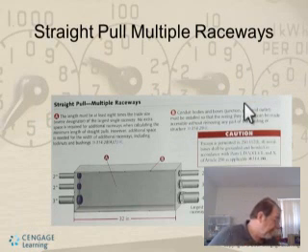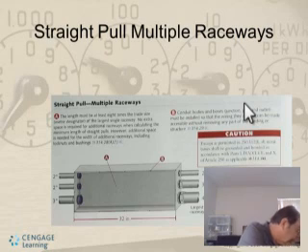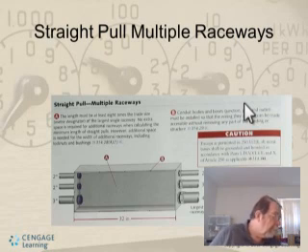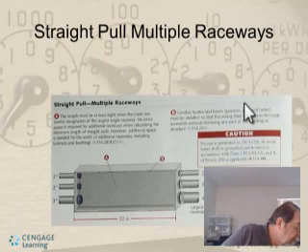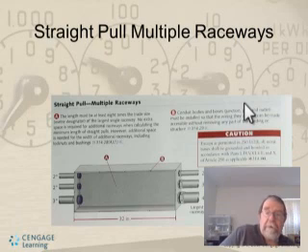Now here we have another example. Okay, multiple raceways. Now the length must be at least 8 times the trade size, your metric designator. Okay, so 8 times, if it's 2 inches, which is usually, you want the largest one, and you've got 3 different size conduits or raceways coming into the box.